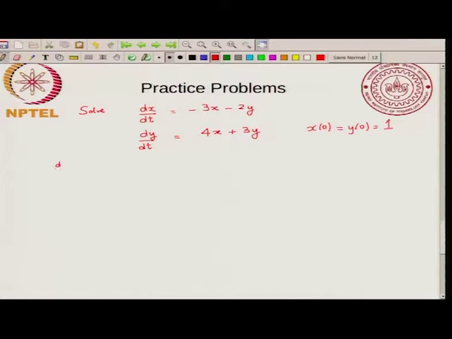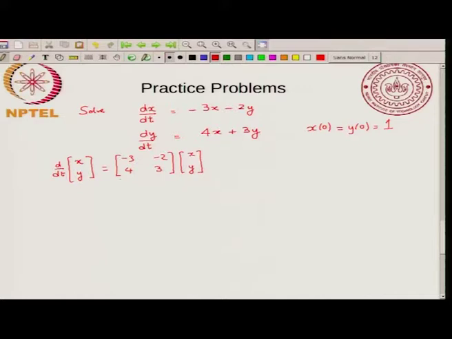So, I write d by dt of this matrix x y is equal to the matrix minus 3, minus 2, 4, 3 times x y. Okay. So, it is a set of linear equations with constant coefficients. Okay. So, then what I will do is solve for the eigenvalues and eigenvectors. Okay. So, what we want to do is to solve for the eigenvalues and eigenvectors of this matrix.